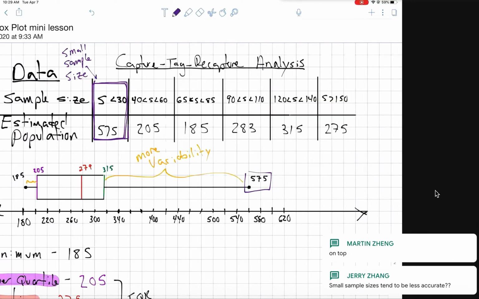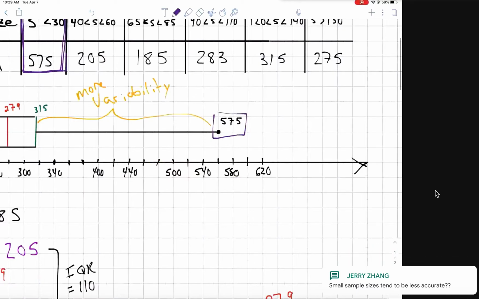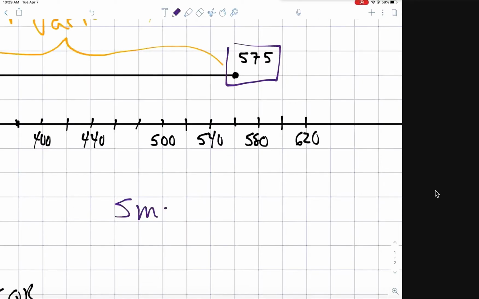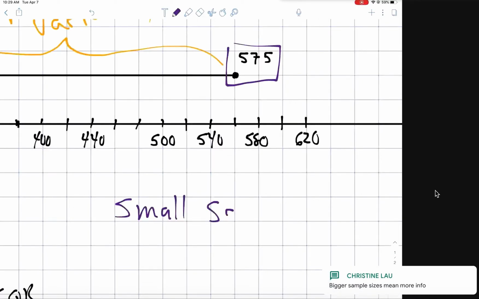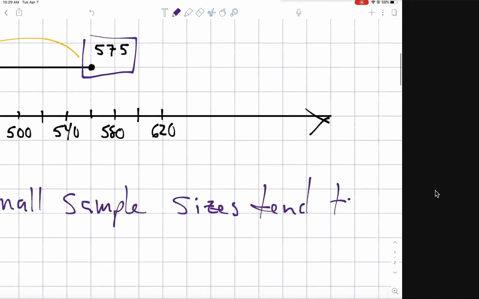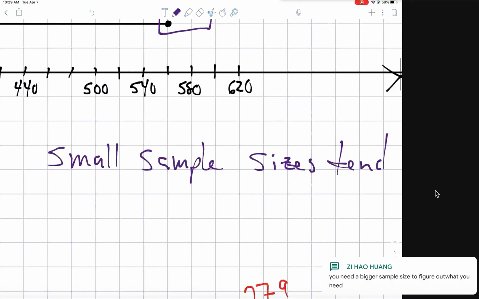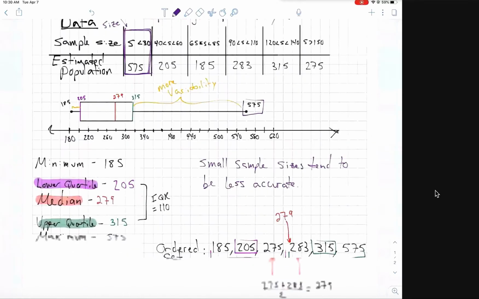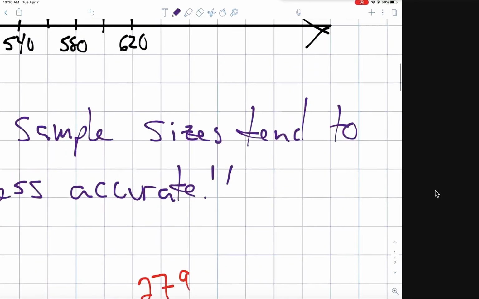I'm going to write that down here. Small sample sizes tend to be less accurate. That was from Christine.